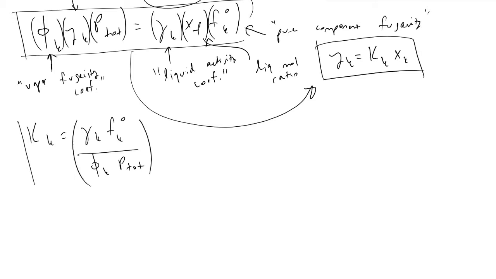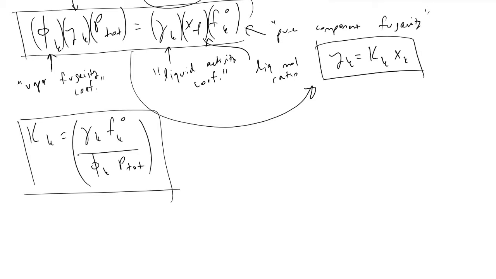And with this defined, we can now have a better idea of how a component will reside in both the liquid and vapor phases at equilibrium when we have multiple species present and it's no longer an ideal vapor or an ideal liquid.